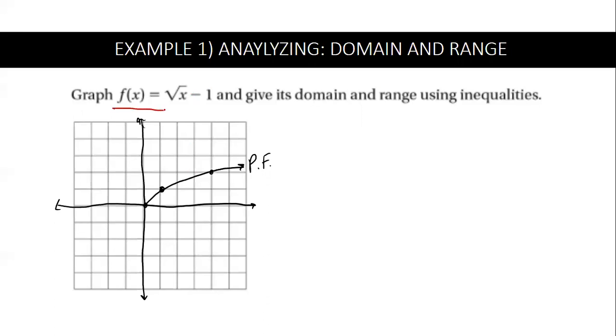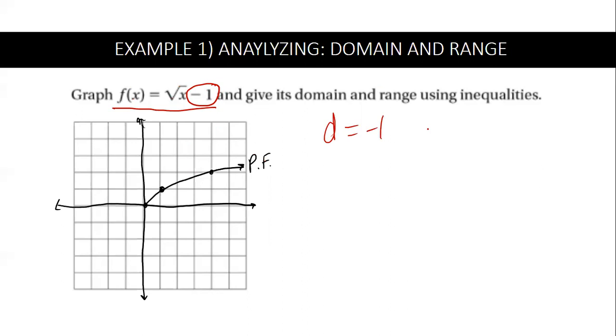So this is our f of x. And our f of x is saying that we're taking the parent function and we're changing it by subtracting 1. What translation or transformation does that represent? The minus 1, is that my a, my b, my c, or my d? It's my d. My d equals -1.